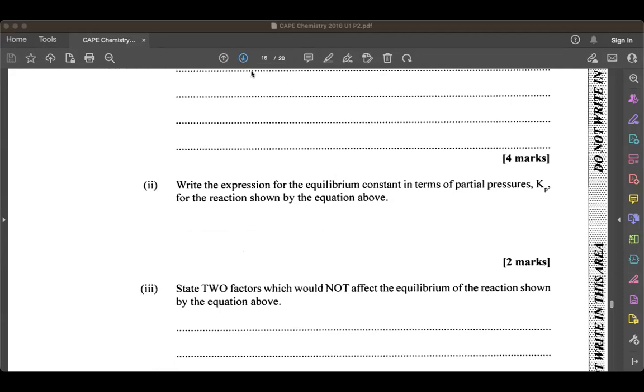So let's get started on that, right? Kp, for the reaction shown above, is equal to the partial pressure of our product, which is HI.